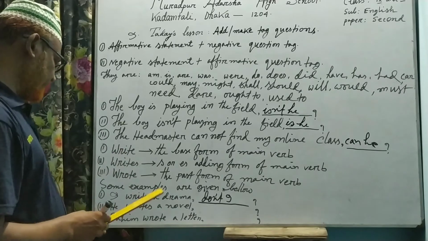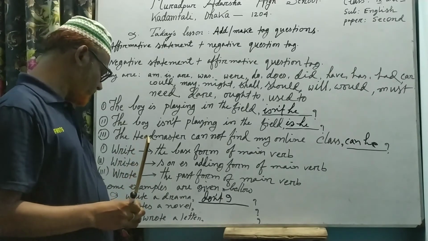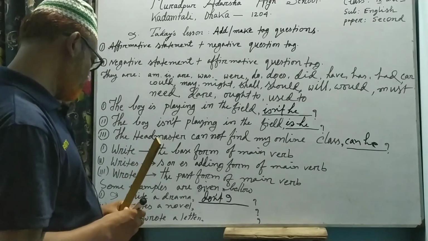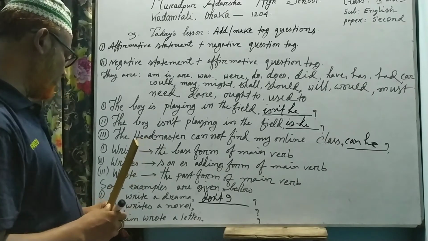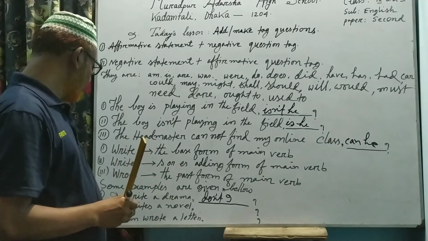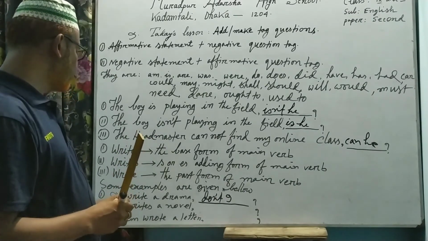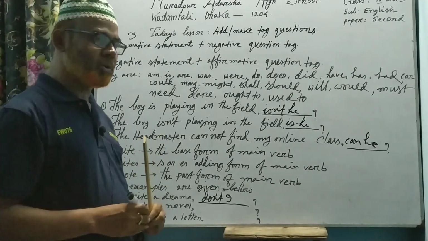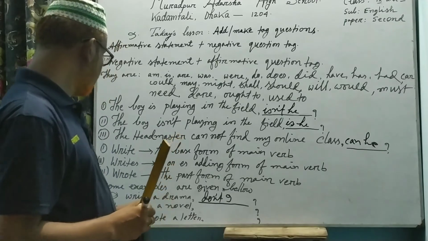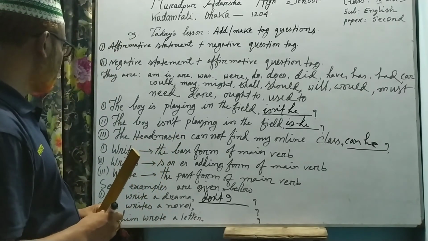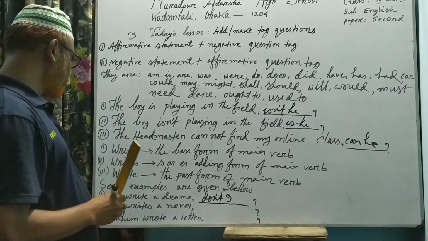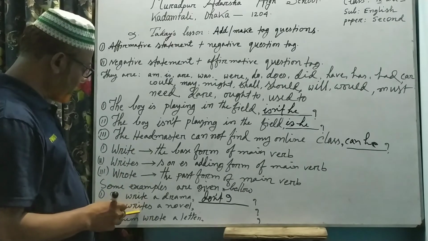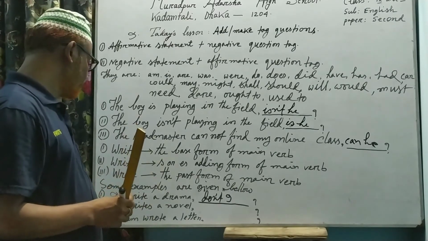Next, he writes a novel. It is also positive statement. Here he is the subject of the statement, and s or es adding form of main verb is used in the statement.